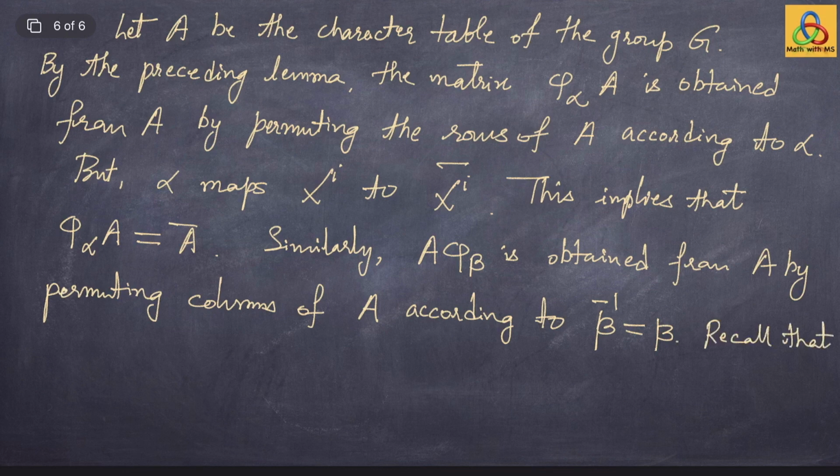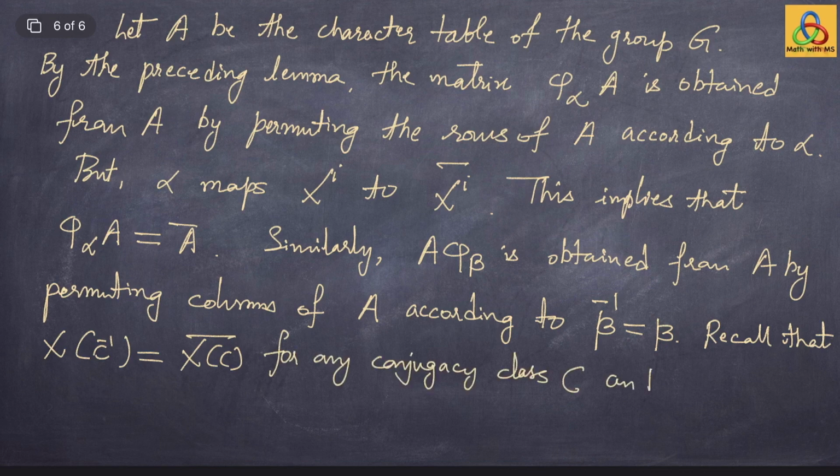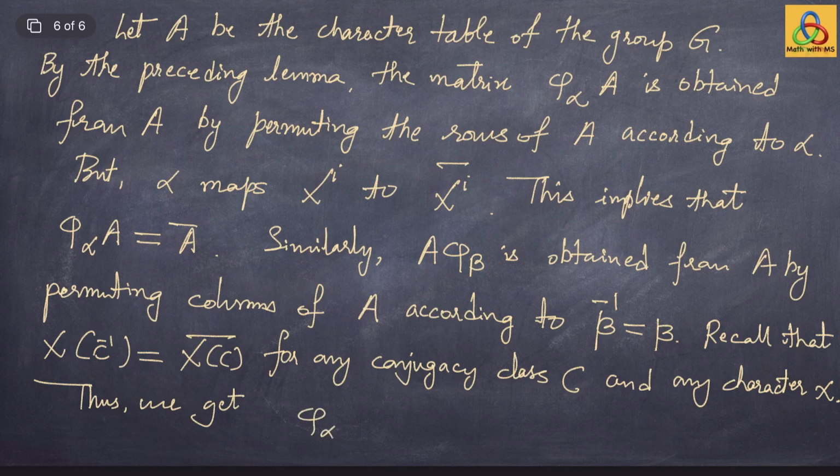Recall that chi of C inverse is the same as chi of C whole bar for any conjugacy class C and any character chi. Thus, we get that phi alpha times A is the same as A bar, but A bar is also the same as A times phi beta.